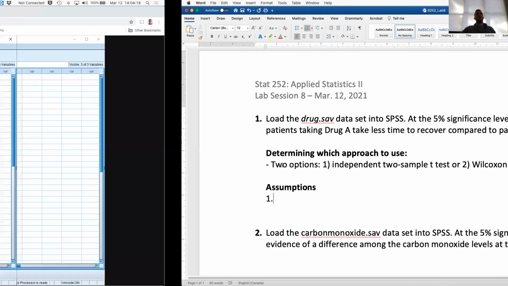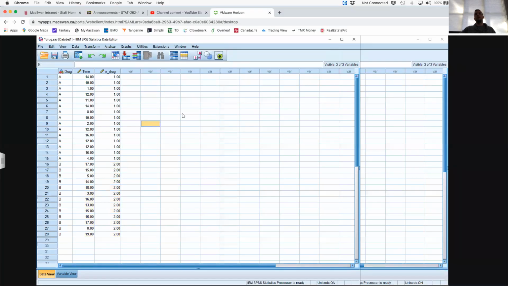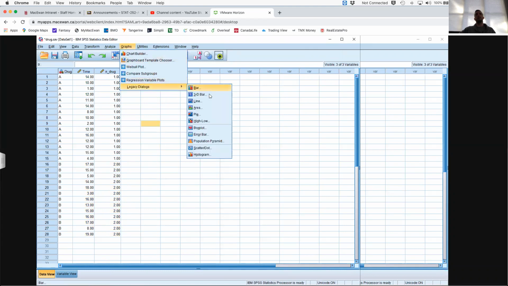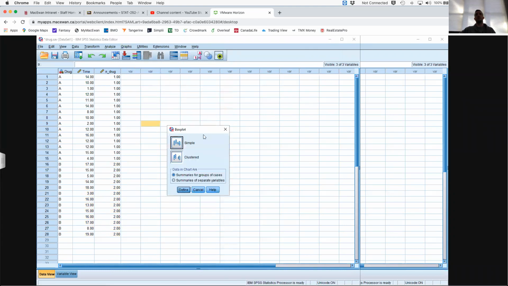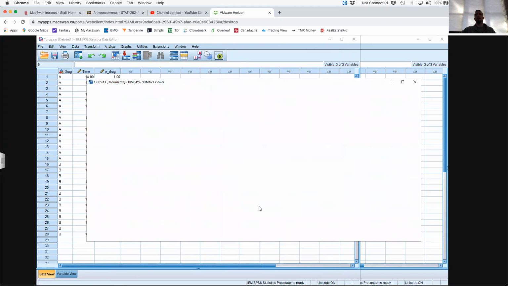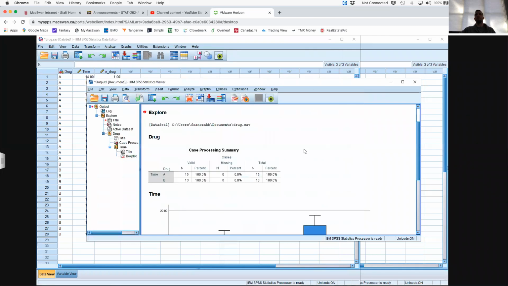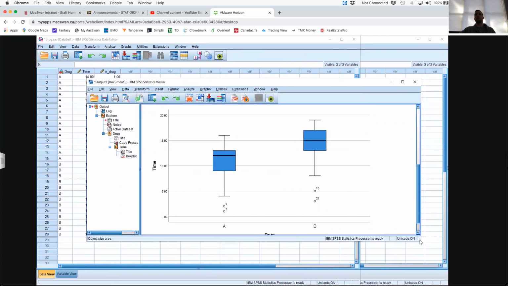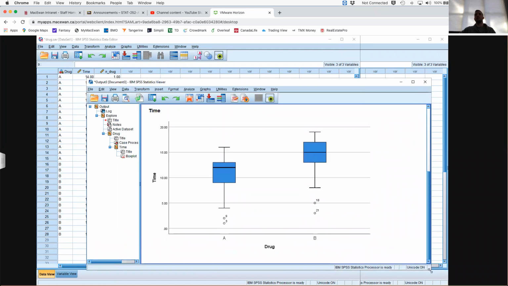All right. So if we start off with a simple visualization of the groups, let's say we go Graphs, Legacy Dialogs, Boxplot, then we click Simple. We put time on the variable axis and we put drug on the category axis, and we click OK. All right, we get the following output. What we can see here is that both of the distributions appear to be left skewed, right?